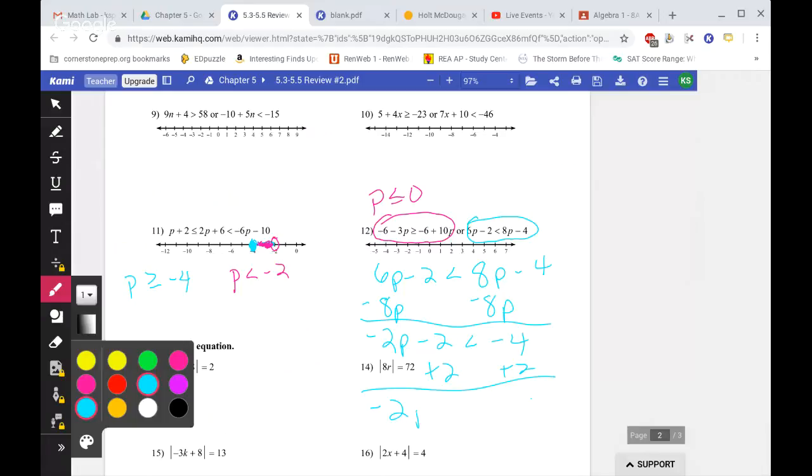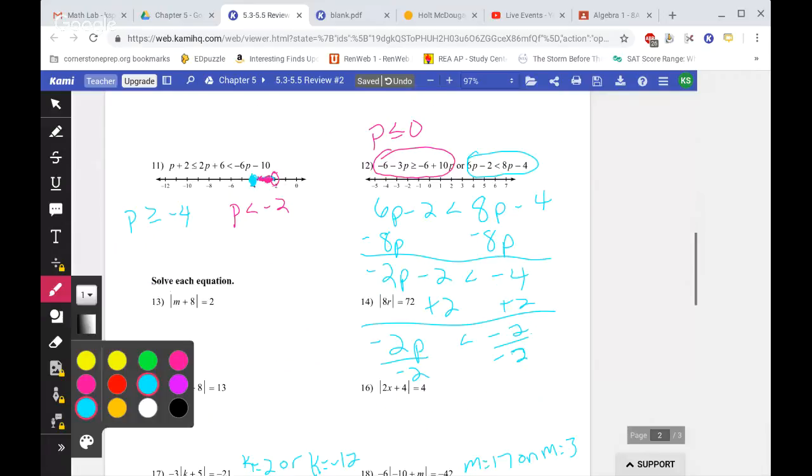So now I've got negative 2p is less than negative 2. And then I'm going to divide both sides by negative 2. And I've divided by a negative, so that means I need to flip my sign from less than to greater than, and I've got a positive 1. So p is greater than 1.